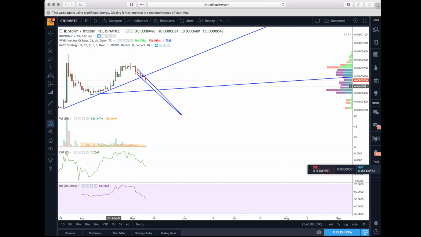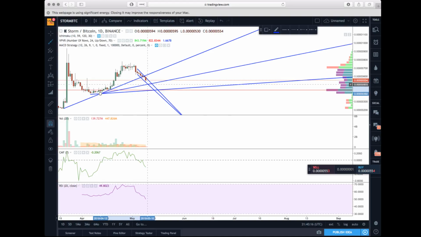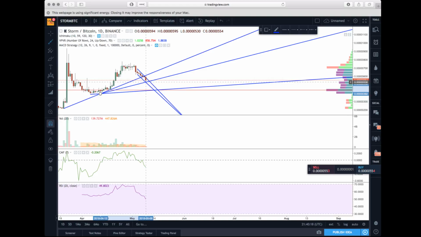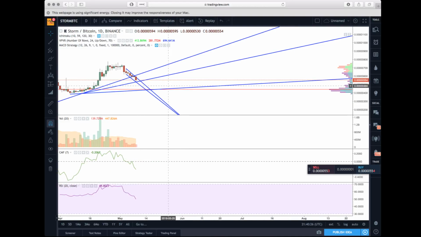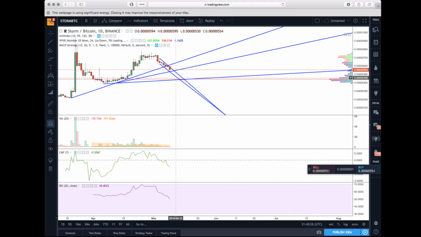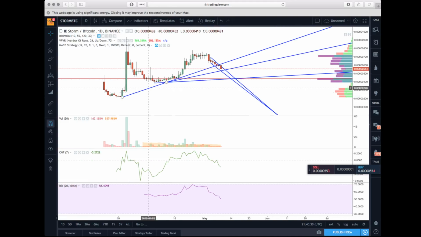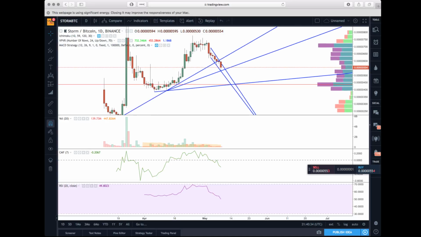Otherwise, let's see if we can draw anything else here. No, that broke. You could do something like this that just has these two points, uses this candle and the bottom of this candle on the daily. It's possible that that's what happens, and it creates this new trend, bounces right there.